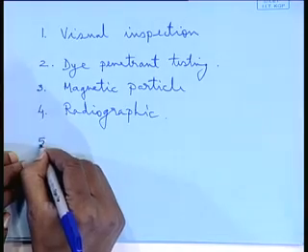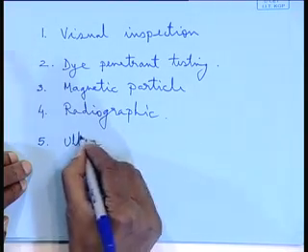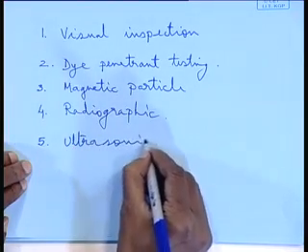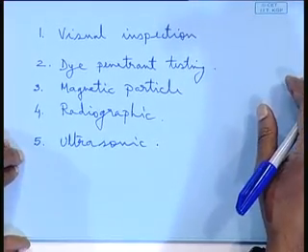Similarly, you have ultrasonic testing. Ultrasonic testing is again, well, with radiographic testing the biggest advantage is you can literally see through the entire weld fusion zone, all defects you can see, but at the same time it has limitations.